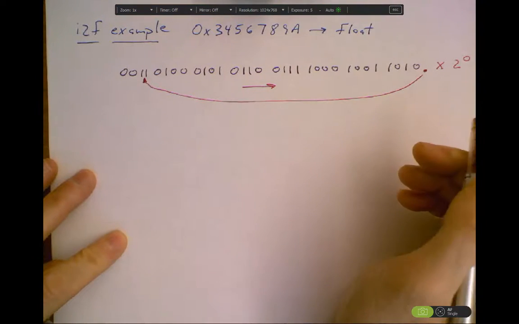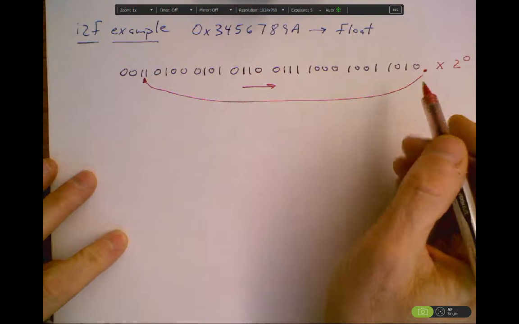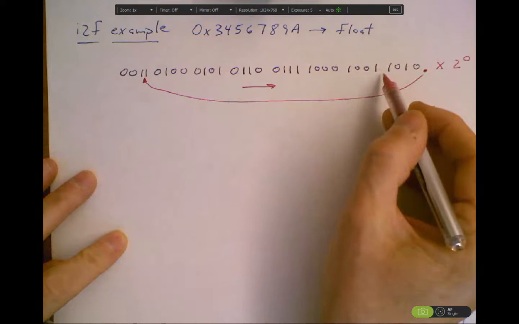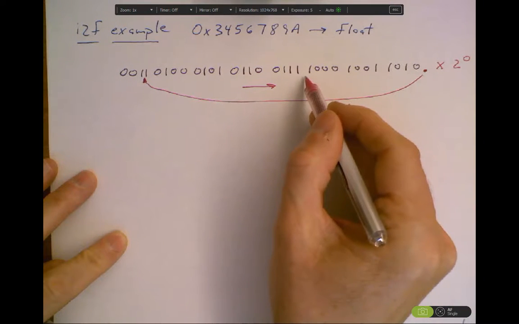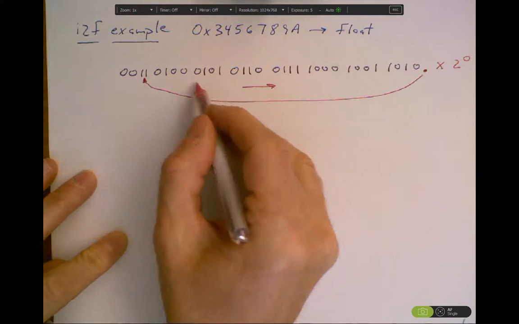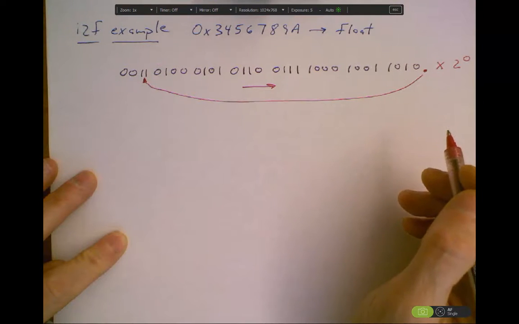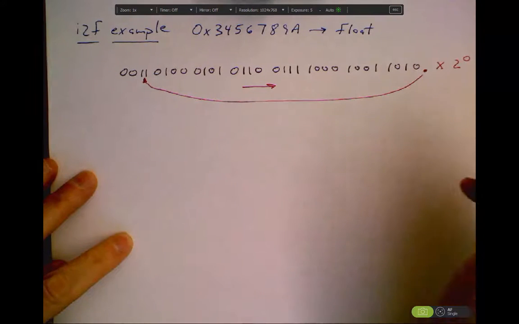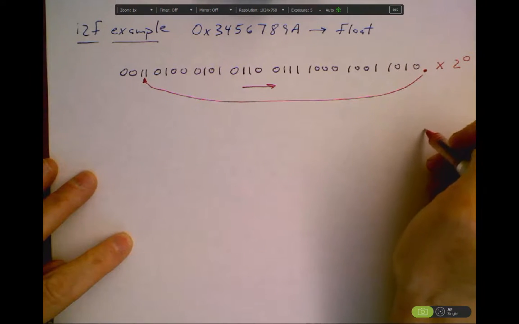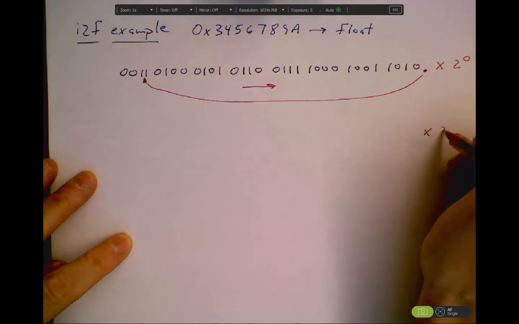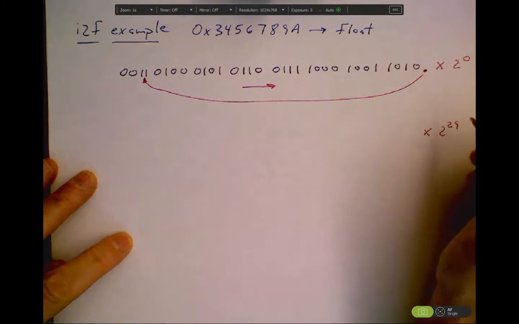Okay, so how many bit positions is that? Well, I'm going to have to shift 4, 8, 12, 16, 20, 24, 28, 29 bit positions. So I'm going to end up with a value 2 to the 29th.